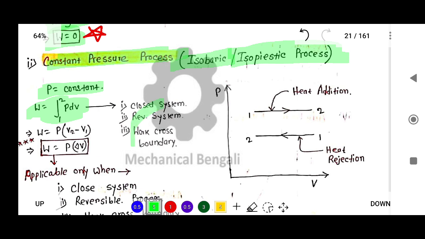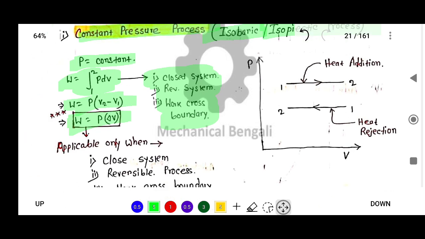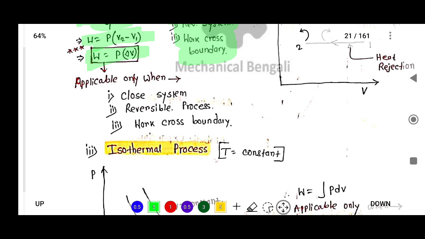This equation is applicable only for a closed system, reversible process, and when work crosses the boundary. Now if you want to calculate, W equals P times (V2 minus V1), that is P into dV. So this is the work done for a constant pressure process, applicable only when it is a closed system, reversible process, and work crosses the boundary.